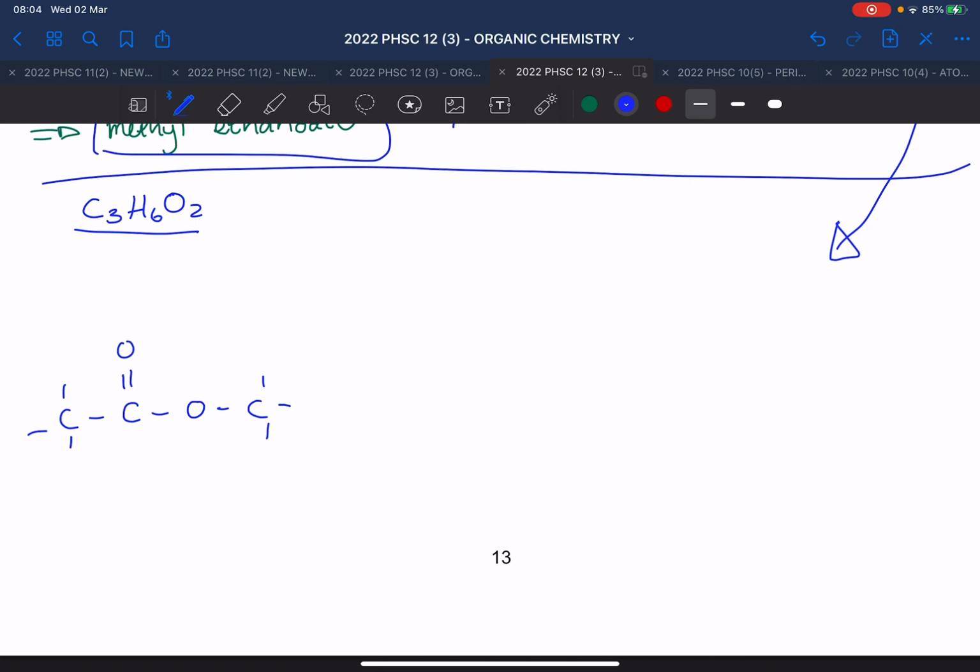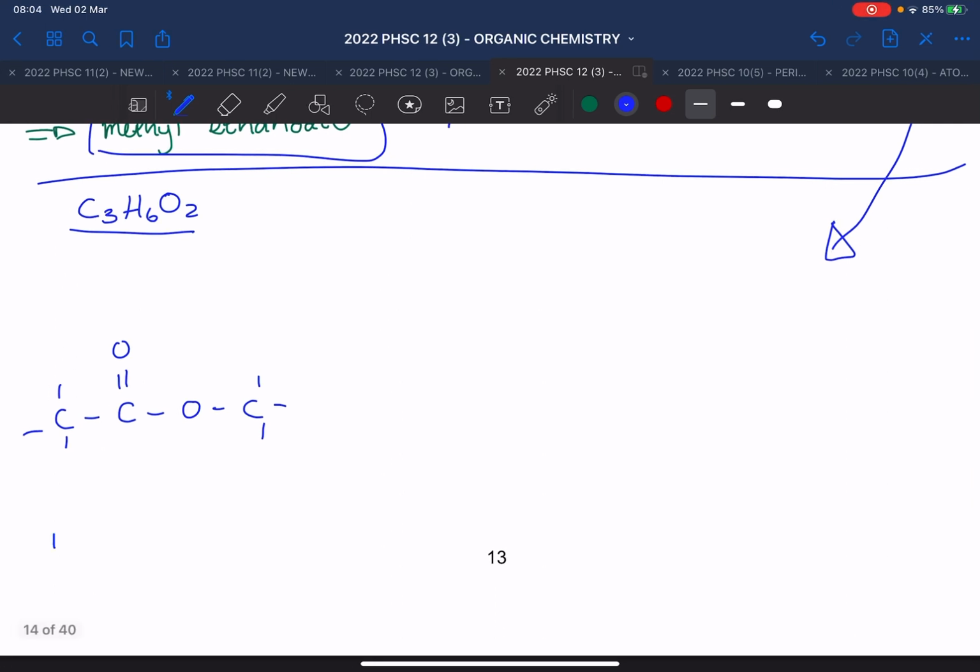Okay, so can you see 3 carbons, 6 hydrogens, 2 oxygens? Okay, right. What is this one's name again? Methyl ethanoate.